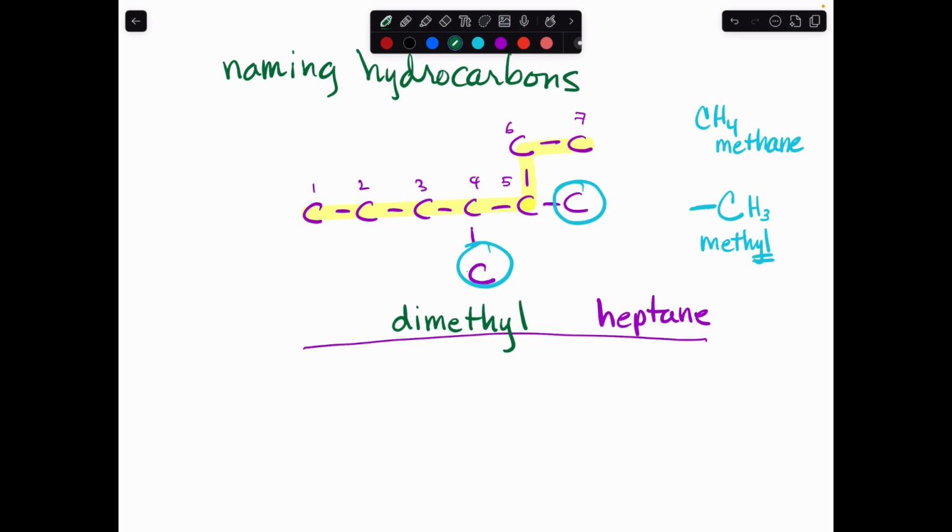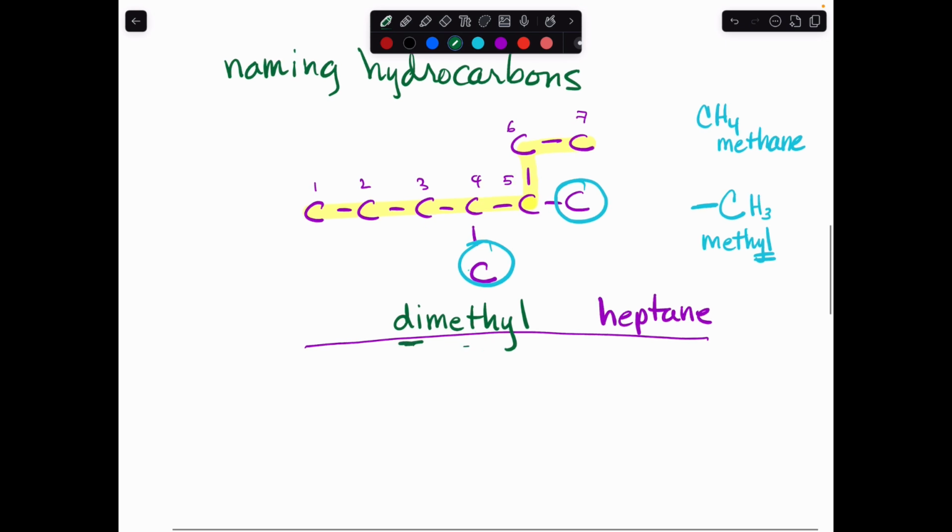And then the last step would be to number where those 2 methyl groups are. The di is 2. The methyl is because they're a methyl group. And I want to number the chain starting at one end and going to the other such that the numbers are the smallest possible. Now, the way that I've numbered it here, this would be a 4 and a 5.